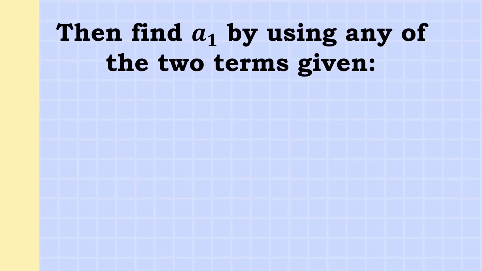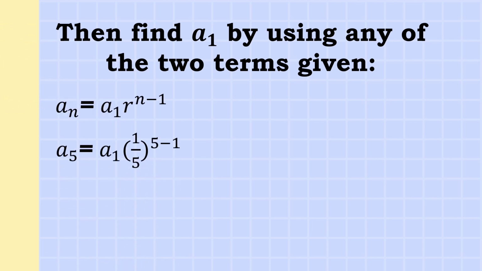Now we are ready to find a sub 1 by using any of the two terms given in your problem. We will use a sub n equals a sub 1 r raised to n minus 1. I will use a sub 5. A sub 5 is equal to a sub 1 times 1 over 5 raised to 5 minus 1.